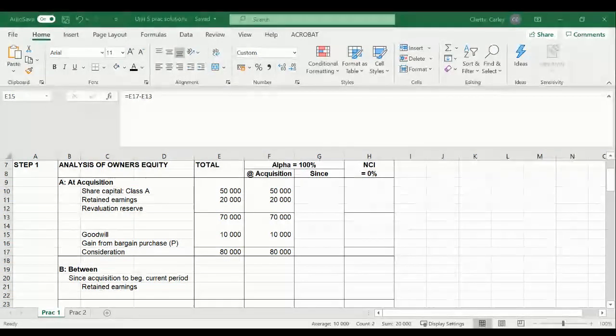So we are comparing the consideration paid of 80,000 to the equity of Beta, which was 70,000. So now we can see that the consideration paid of 80,000 is greater than the equity of Beta. So this means that 80,000 was paid for something that is valued at 70,000. So this therefore means that there's goodwill of 10,000.